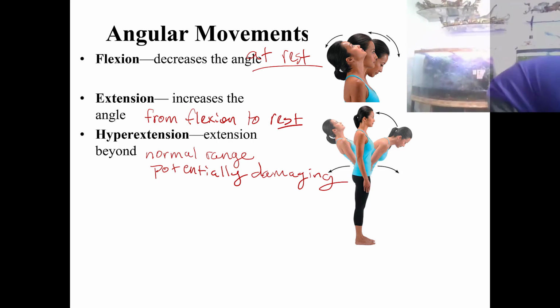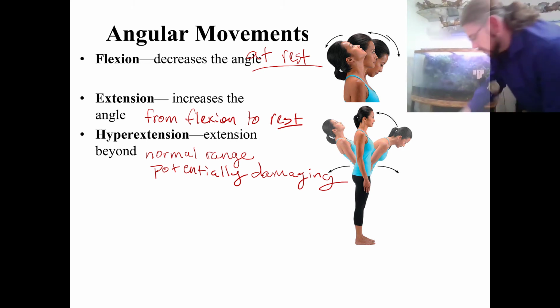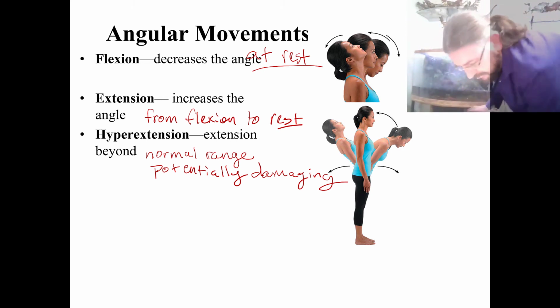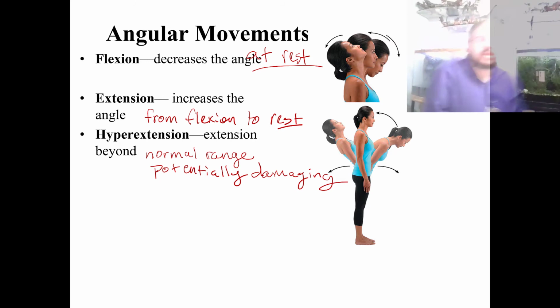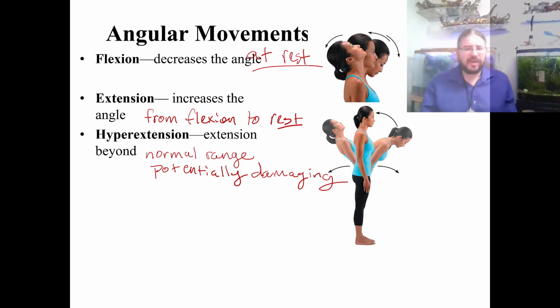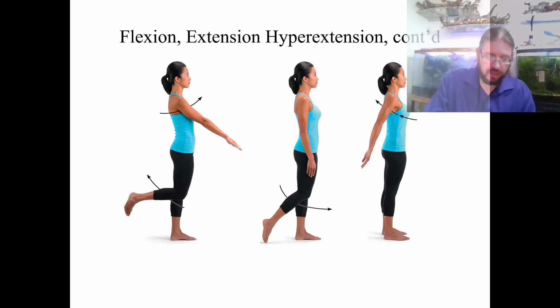You get the idea. So flexion, extension, hyperextension are present in a lot of the joints of your body. So good times, not too terrible. So we shall continue onward.